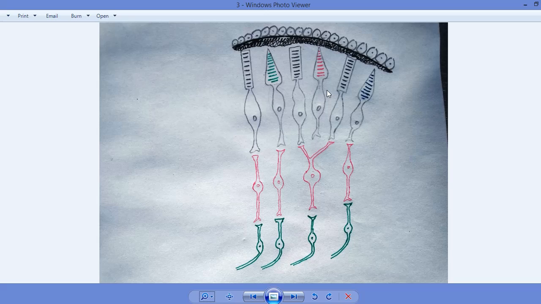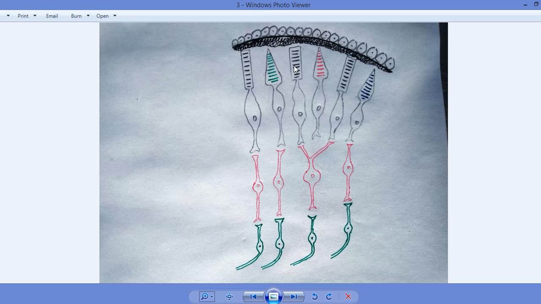That individual will not be able to see red objects, and in the case of green color blindness, the individual is not able to see green objects. The absence of blue cones is almost negligible, but the majority of individuals have red and green color blindness.